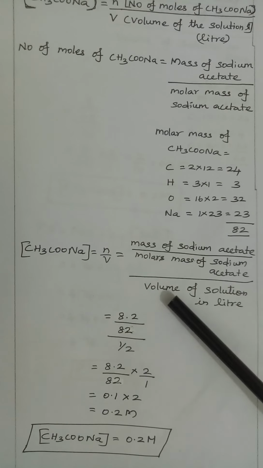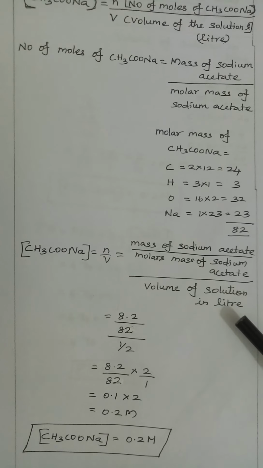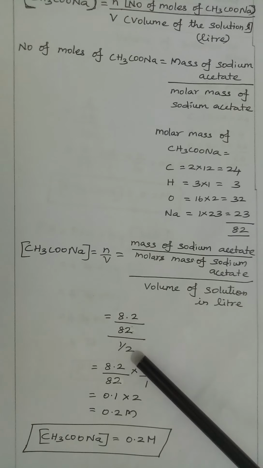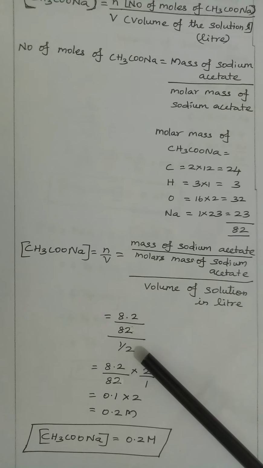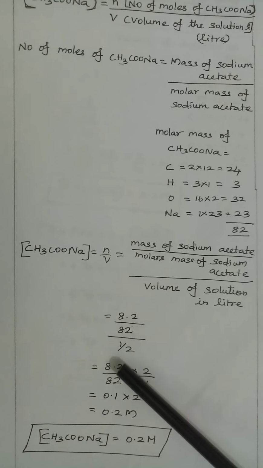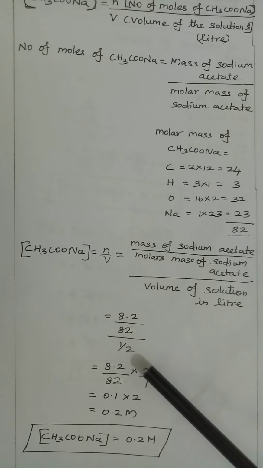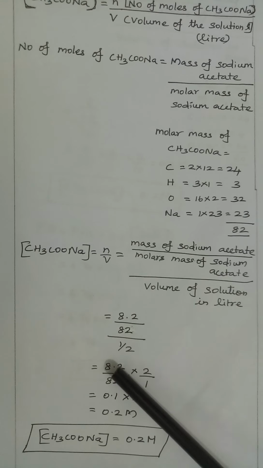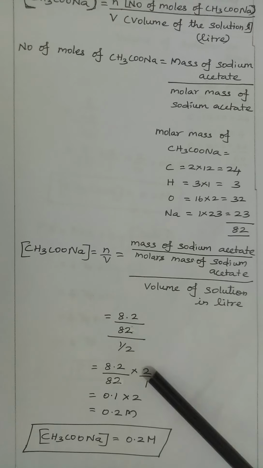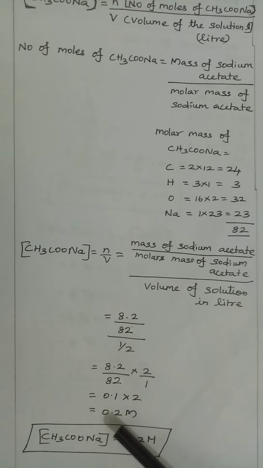So 8.2 divided by 82, divided by the volume of solution in liter, 500 ml, that is 1 by 2, also given in the sum. 8.2 by 82 is 0.1, reversed 2 by 1, so 0.2 molar. The concentration of sodium acetate is 0.2 molar.